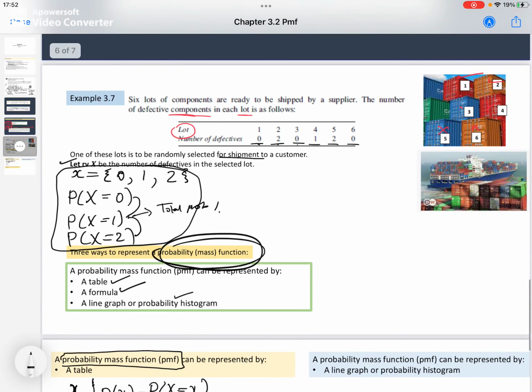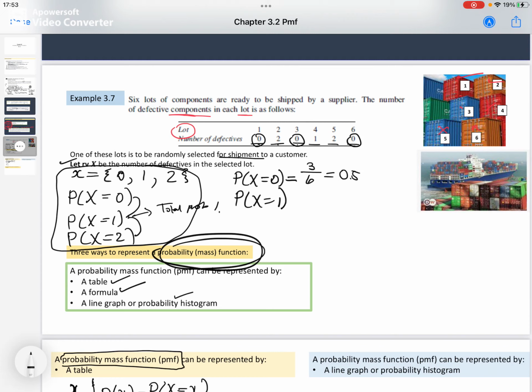If we go back to our information, the probability that x is equal to 0, if we count the possibilities of observing 0 defectives, we see that out of 6 times, we can observe 0 defectives 3 times. So the probability that x equals 0 is 3 divided by 6, or 0.5.